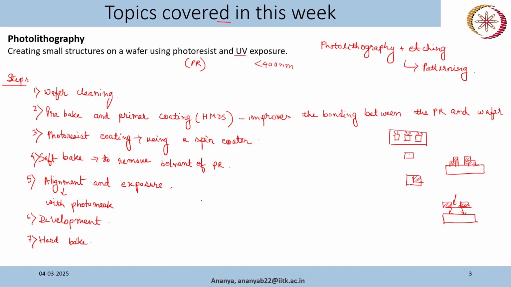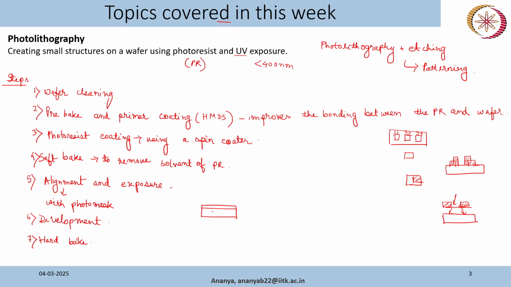So the example that was discussed in the class was how to make interdigitated electrodes using photolithography. How will you do it? You will start with your wafer and say there is metal deposition. There are multiple techniques to make a metal structure or interdigitated structure. We are discussing one of these, okay.